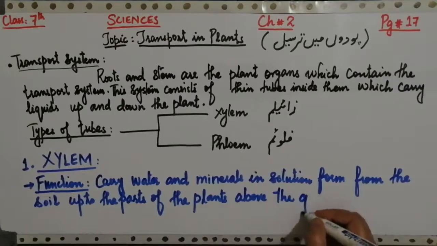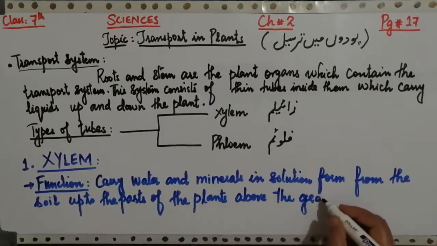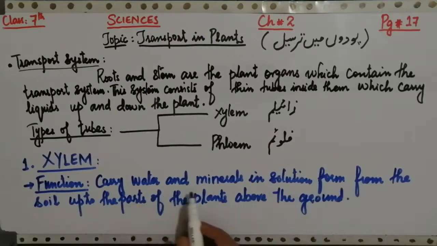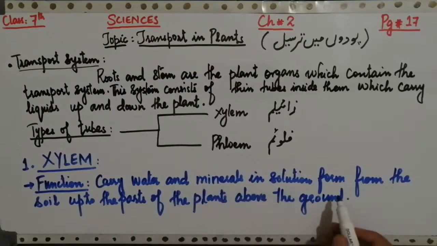Now what is the function of xylem tube? Xylem tube is basically responsible for carrying water and dissolved salts or minerals in solution form from the soil up to the parts of the plant above the ground.